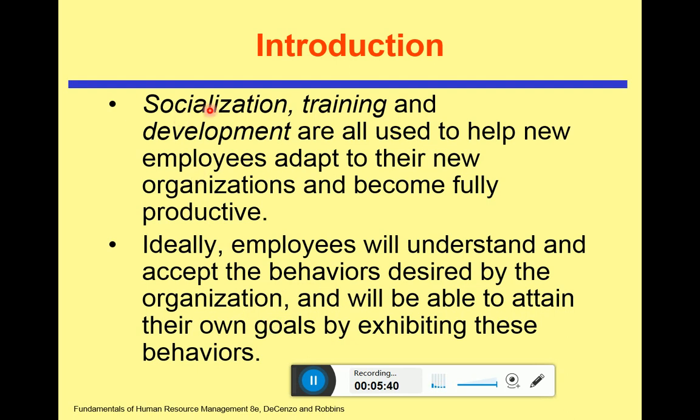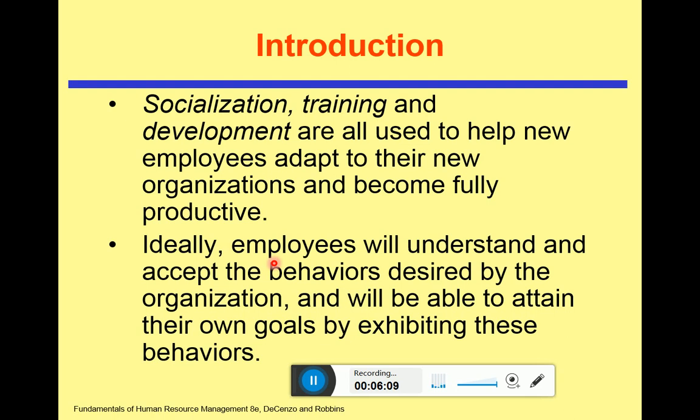With the help of the socialization process, employees adopt the behaviors which the organization requires. Whatever behavior is desired, needed or required by the organization, with the help of the socialization process the employee will learn those behaviors. Like for example, the do's and don'ts: what I have to do in the organization and what I have not to do.